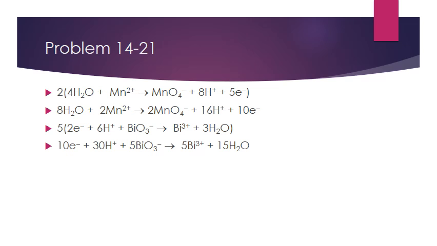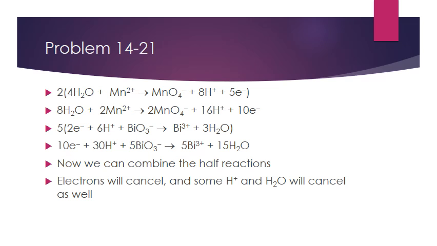Now as you work this problem yourself, be sure to take your time. This shows you how to do it, but make sure you go through and do this all yourself. Now we can combine our half reactions, canceling electrons, and anything else. It looks like some water and some H pluses will cancel as well. Let's look at that.